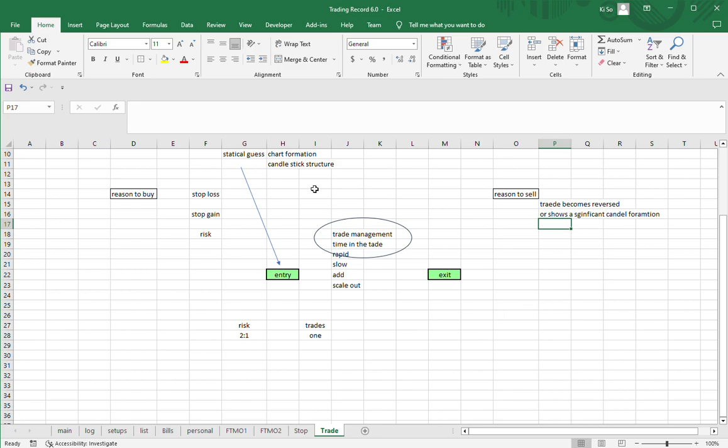So that in itself is essentially reason to buy, then enter. Trade management, and then reason to sell and exit. That's what it is. But every one of these elements has several different layers of concepts that need to be understood and then incorporated into this day trading.